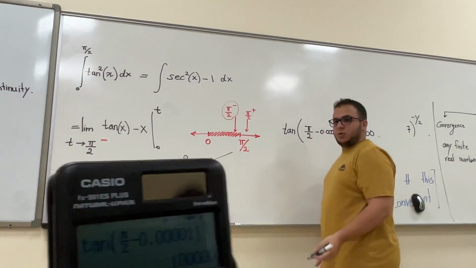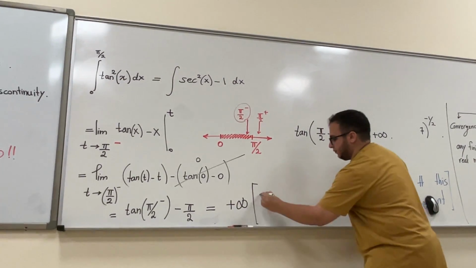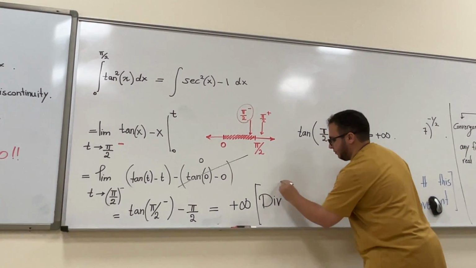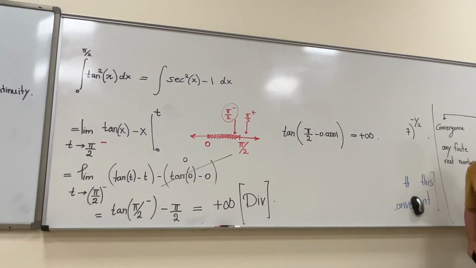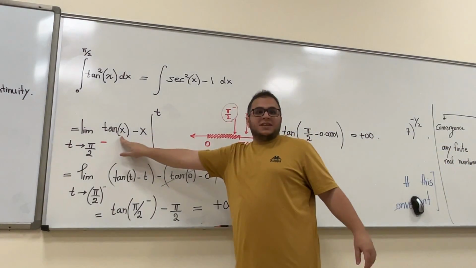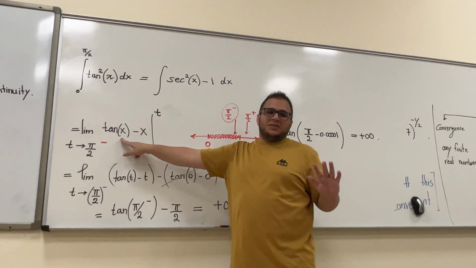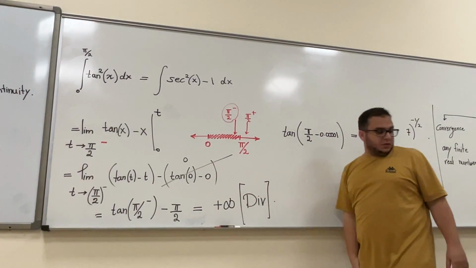Minus pi over 2, who cares? It's positive infinity, so this integral is divergent. Any questions? After you integrate, what's the integration of secant squared? These are the basic rules. Integration of 1 is x. So that's it. Okay?